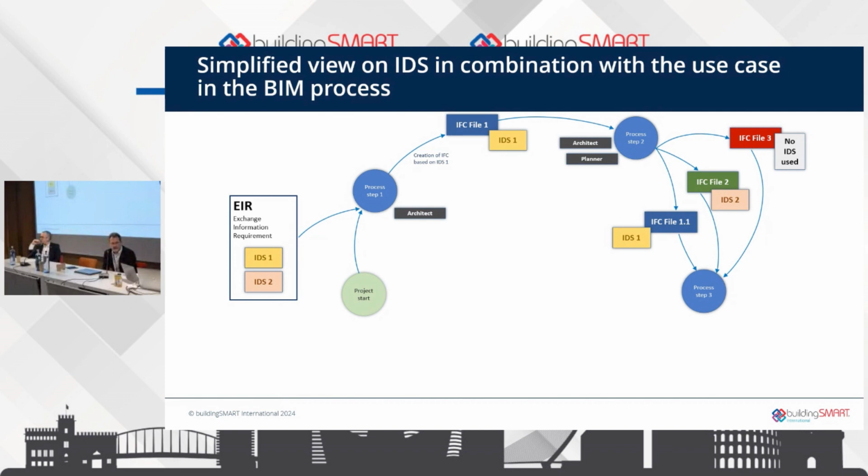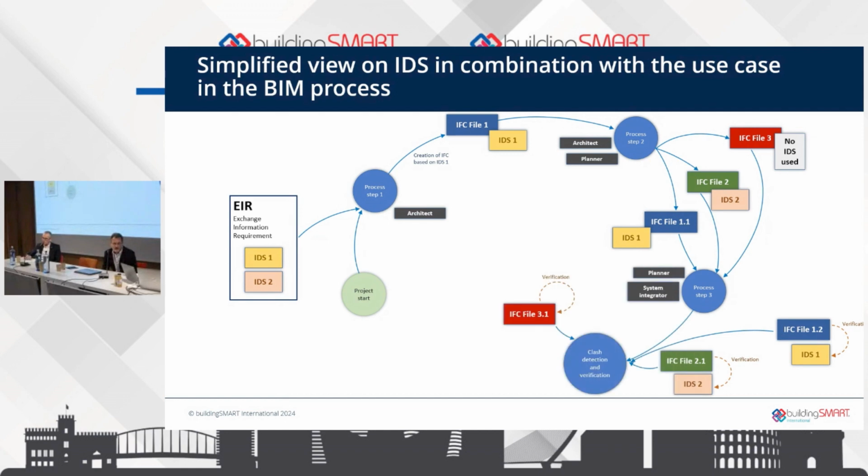For IFC file 2, you use the other IDS, of course, and it's not mandatory, only if it's set by the investor in the beginning of the project. But I mean, it supports the process. You're not forced to use the IDS. So there's also an IFC file 3, which maybe is just made without a template.